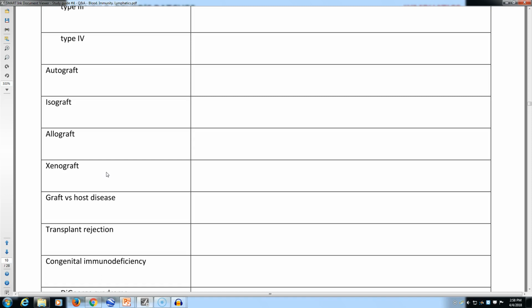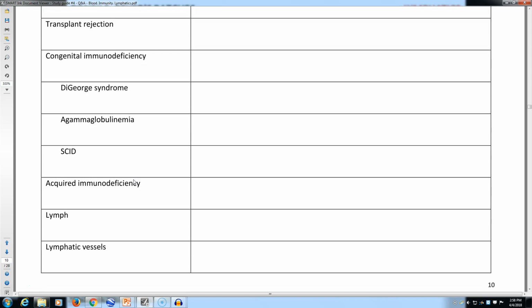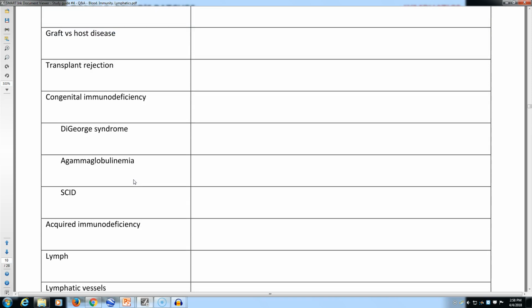Immunodeficiencies. Be able to distinguish congenital and acquired. I practically gave you a link of these 3 names that you need to know for congenital immunodeficiency. Indeed, DiGeorge, what you don't have, no T cells, right?